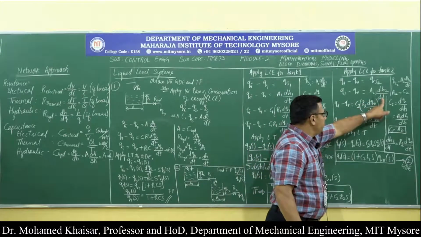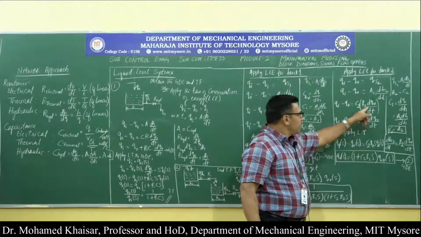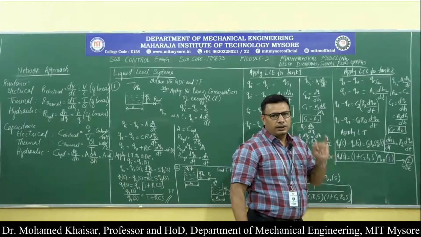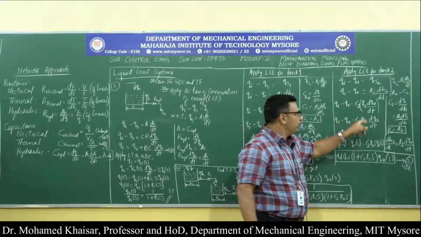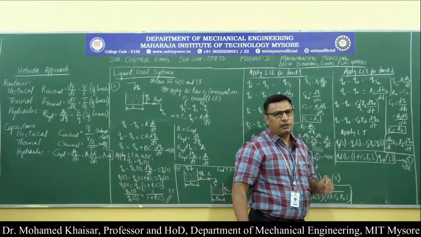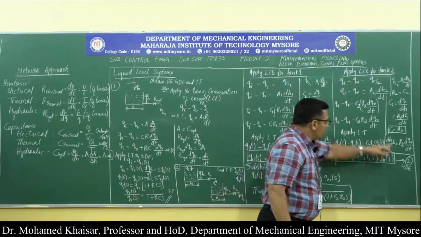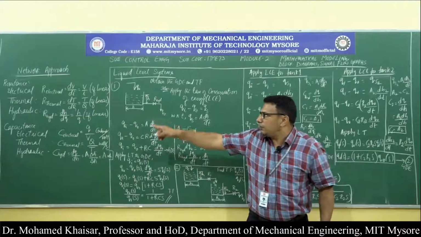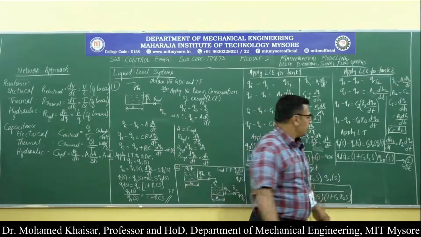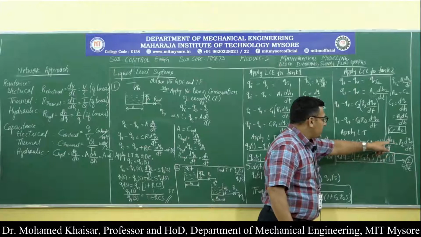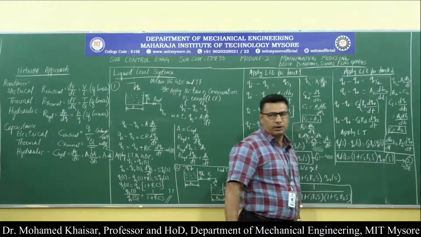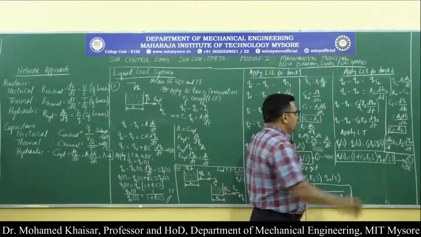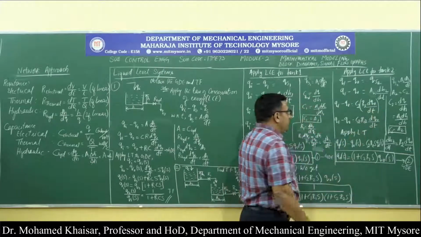In place of dH2 by dt, again we wanted it in terms of Qi, Q1 or Q0. We did not want any of the terms in the equation to be in terms of H, dH1 or dH2. That is why, using the hydraulic resistance relationship from the network approach, we have found the replacing term for dH2 by dt in terms of Q0 as applied to tank 2.